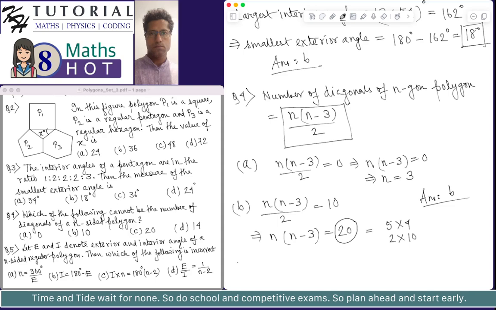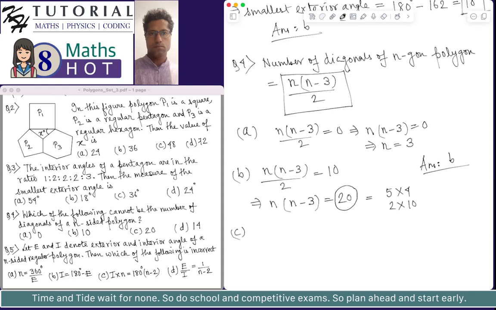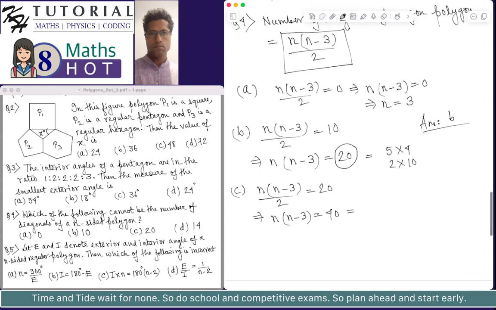Now for the sake of discussion, let's see if 20 is a valid number of diagonals. We must have n into n minus 3 by 2 equal to 20. So this implies n into n minus 3 is equal to 40. Now let's see how we can factorize 40 as a product of two natural numbers whose difference is 3.